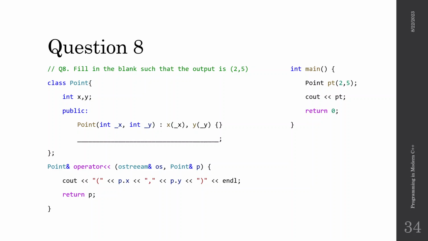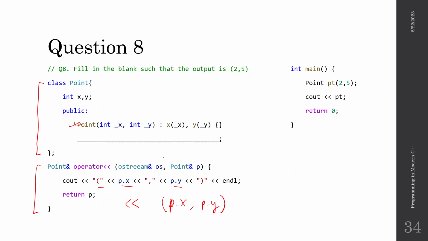So in this question we have this point class with two private data members x and y, and there is a constructor, and then here we have overloaded the output streaming operator to print open bracket p dot x, p dot y.